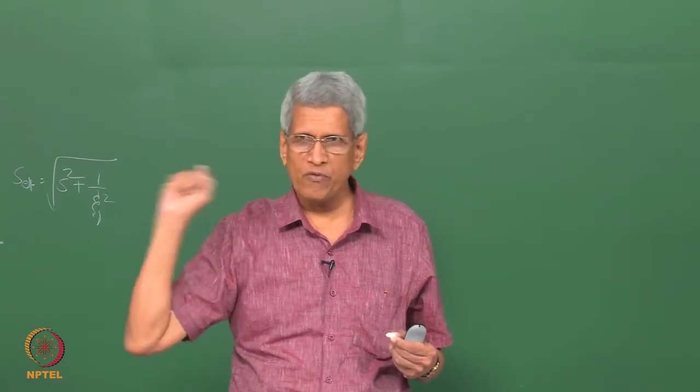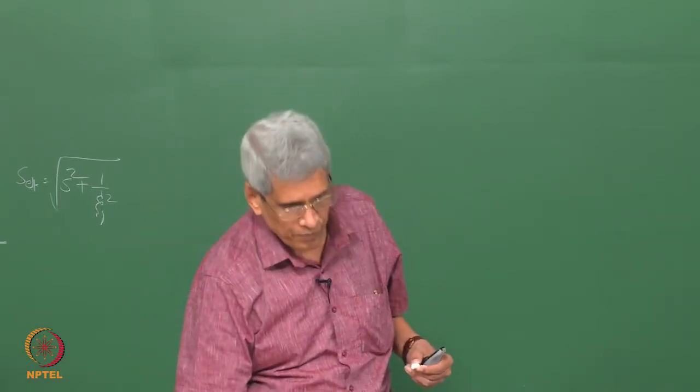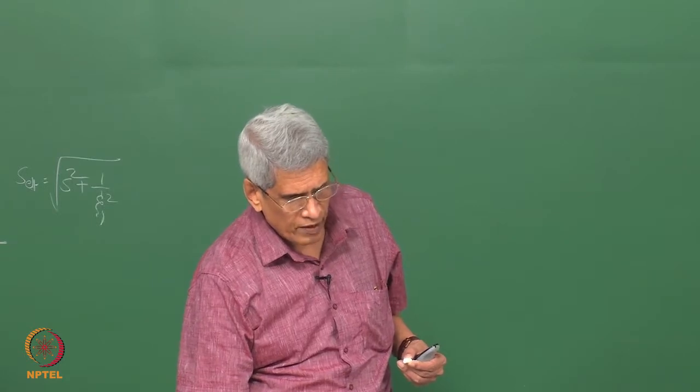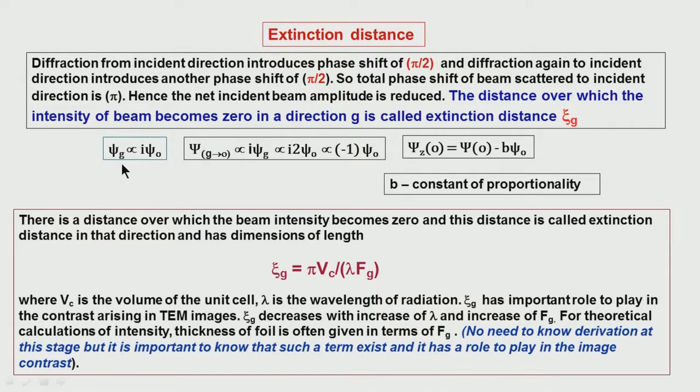That means a 90-degree phase difference is always introduced. So in the scattered direction G, when the first Bragg diffraction has taken place, this is i times psi 0. Then from this G, when it scatters back into the original direction, again i times psi G will come. If you multiply, this turns out to be minus times psi 0. That means the beam which has been doubly scattered is out of phase with respect to amplitude.